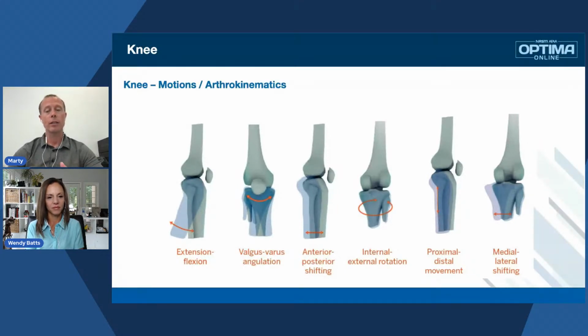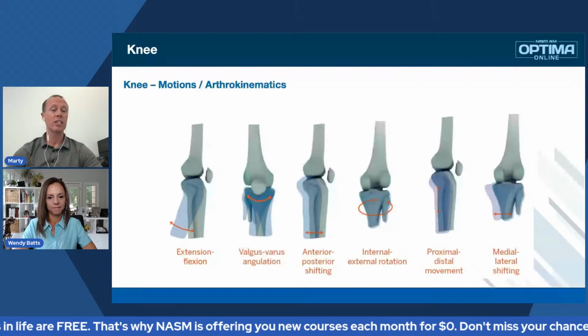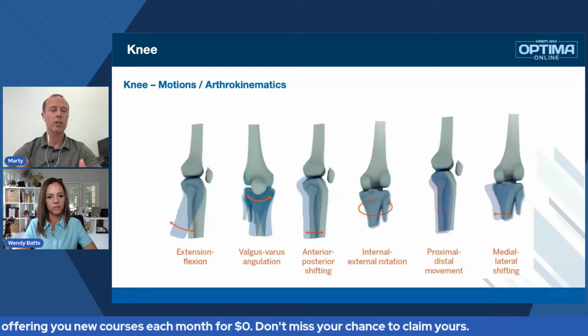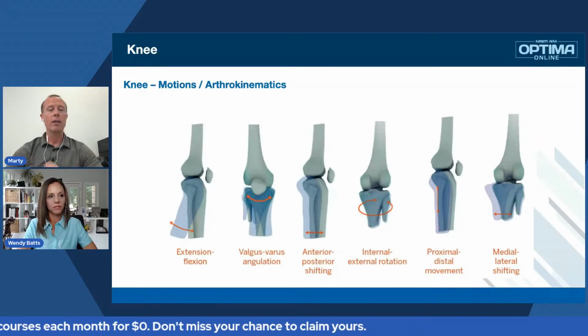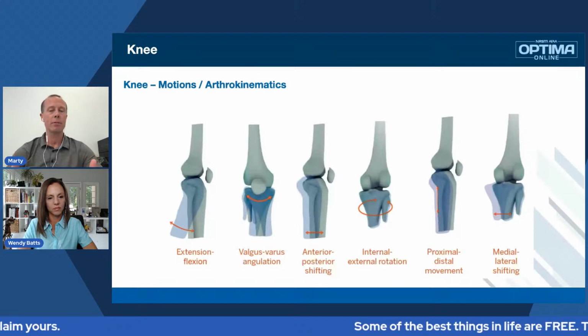So if we start left and then move our way to right, the extension and flexion is the primary motion where that joint is going to move in the sagittal plane. We all know what a leg extension, leg curl looks like, squats, lunges. We know that motion. Then there is some valgus and varus. Now, we try to eliminate excessive valgus and varus. And when we see movement compensations, as we talk about, that would mean excessive.